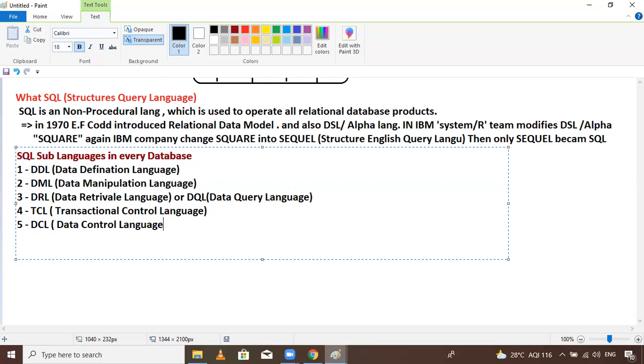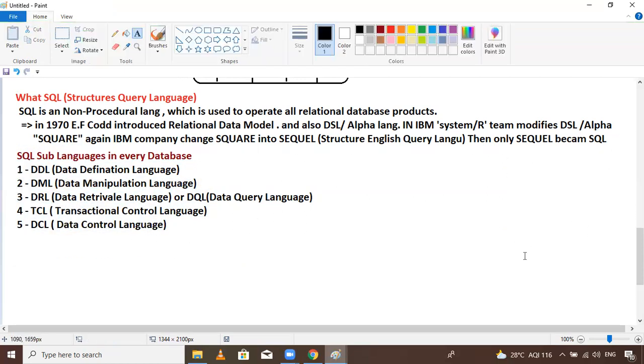Data control language. So now copy this.